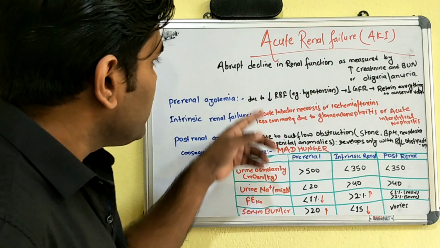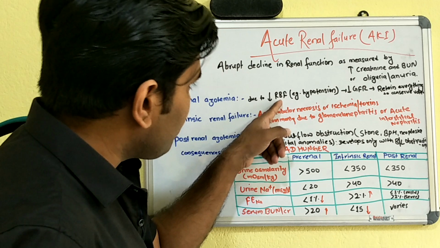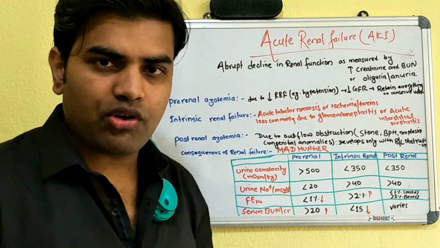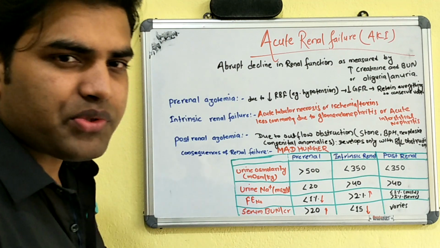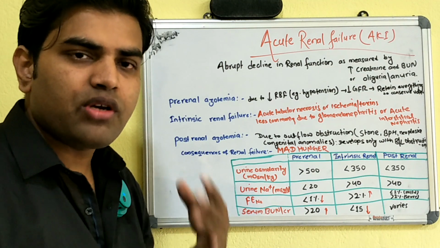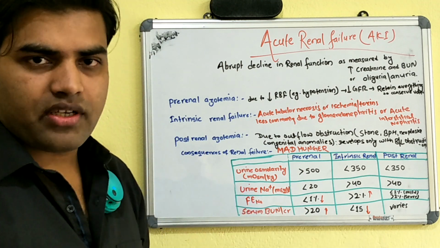Since there is decreased blood flow, hypotension and decreased GFR, there will be high reabsorption of sodium, water, blood urea nitrogen, everything that goes into the kidney.